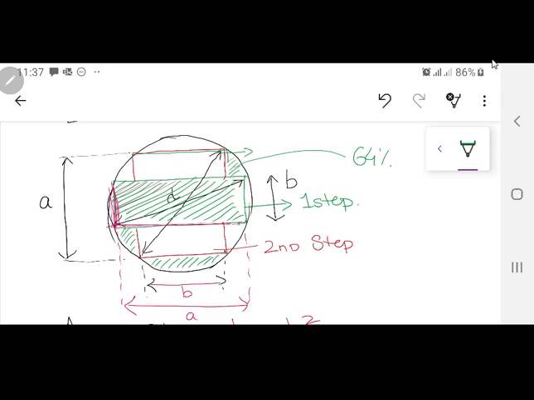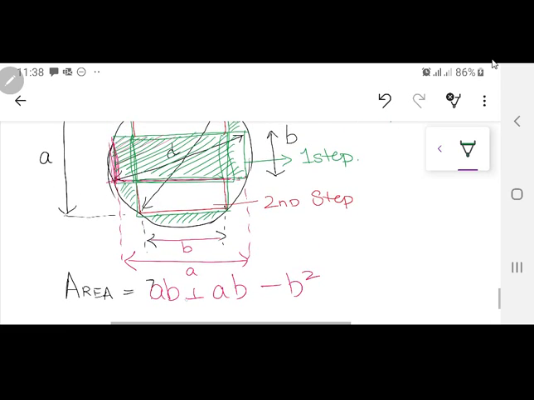What about this area? It's also AB. It's a symmetrical circle. So अगर ये AB है, this is also AB. Now when I am including this AB plus this AB, the center one is coming 2 times. So I have to subtract it. And what is that distance? This is B. This is also B. So B multiplied by B, B square. So that's why this is AB plus AB minus B square.